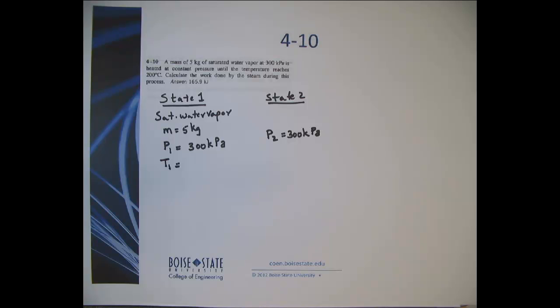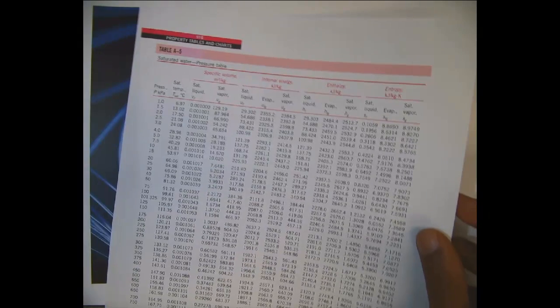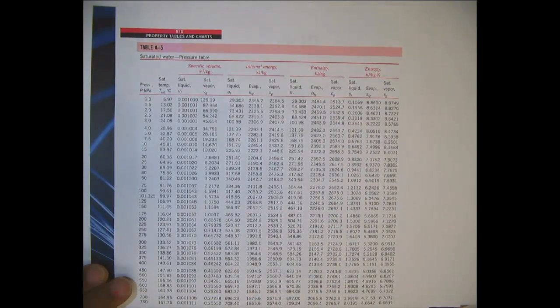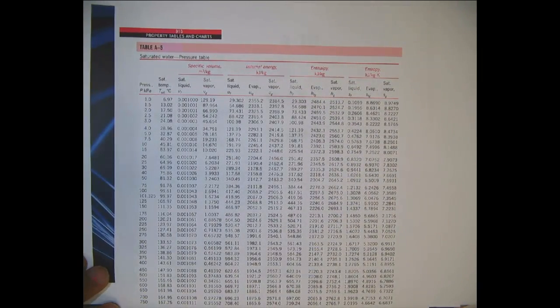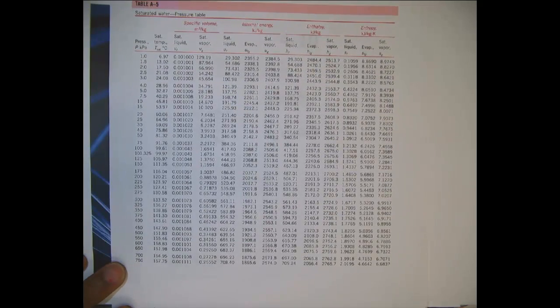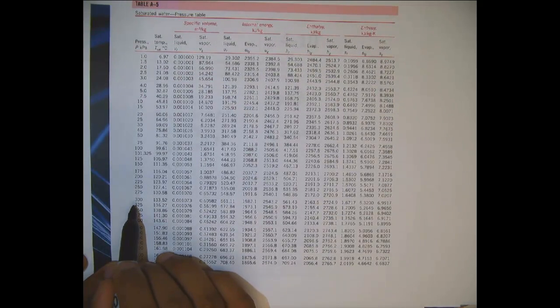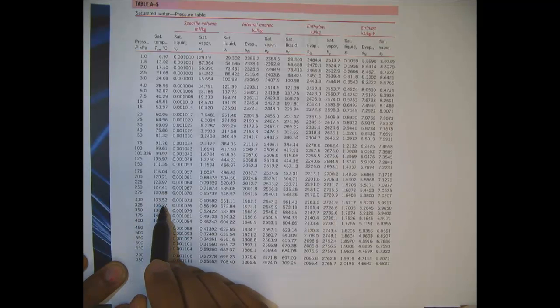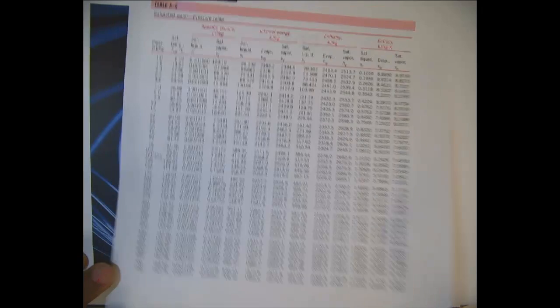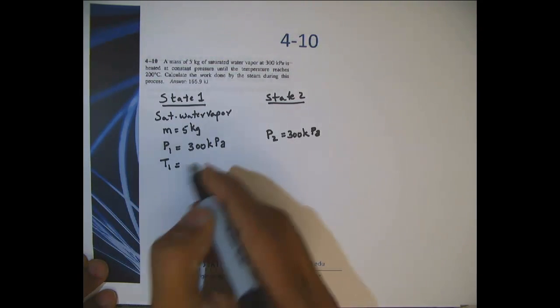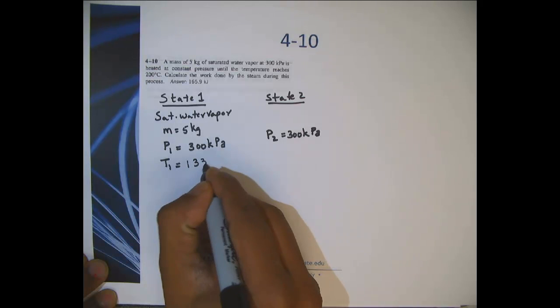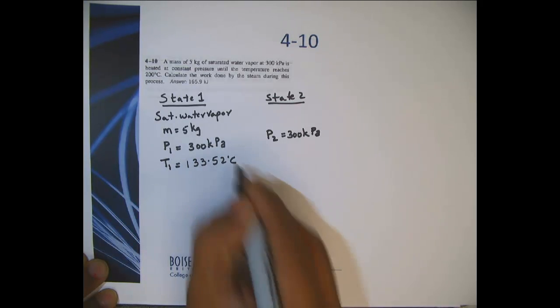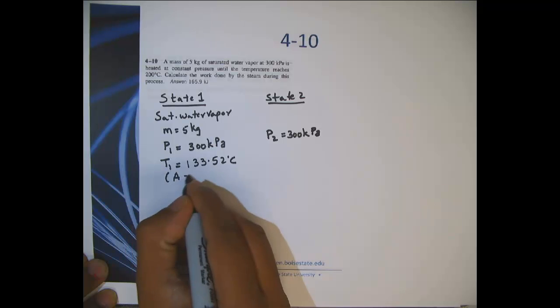Since we are given a pressure, let's go to the pressure table, which is A5 in your book. You look up the given pressure of 300 kilopascals, and the saturation temperature is 133.52. Let me write that. This is from table A5.